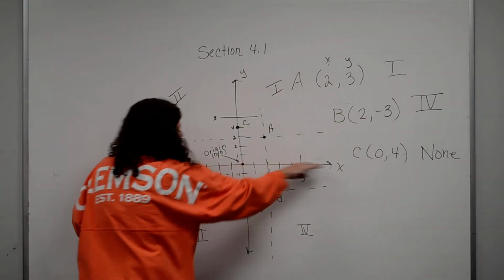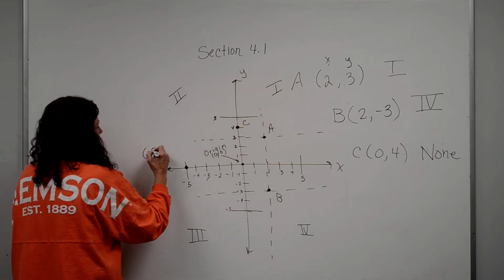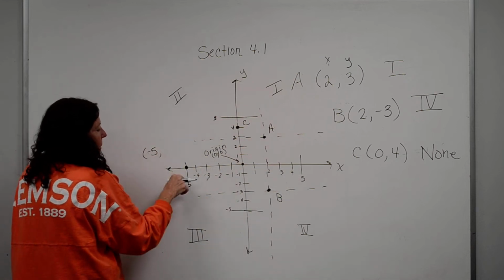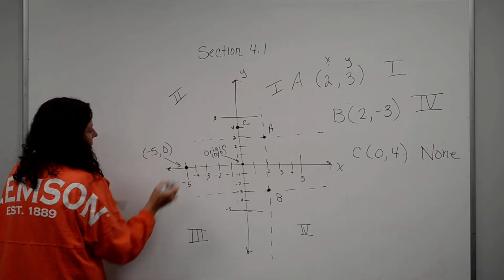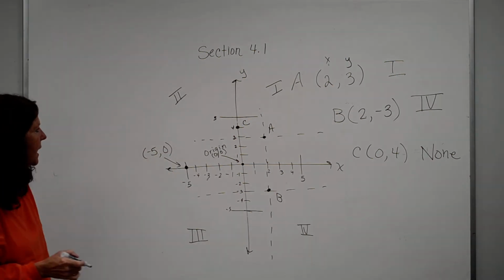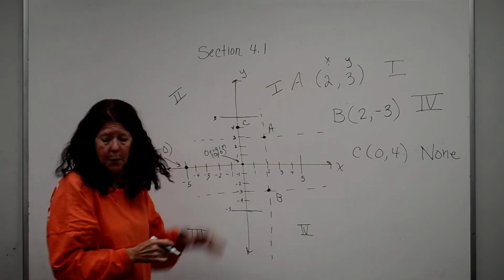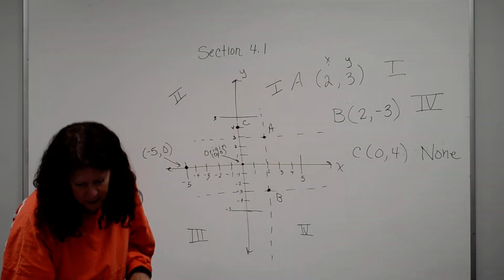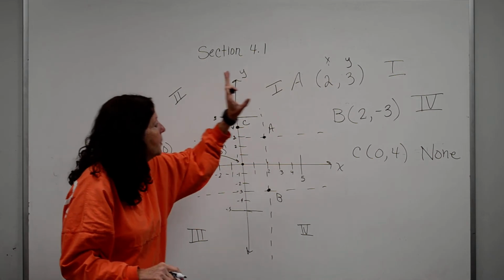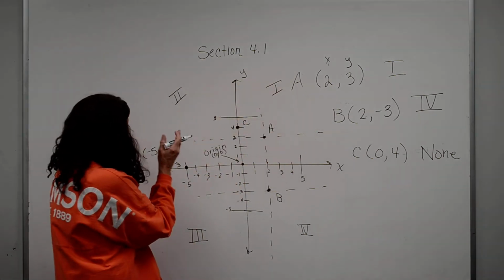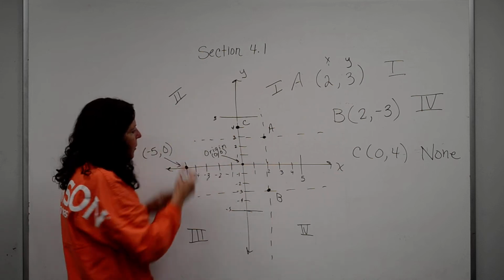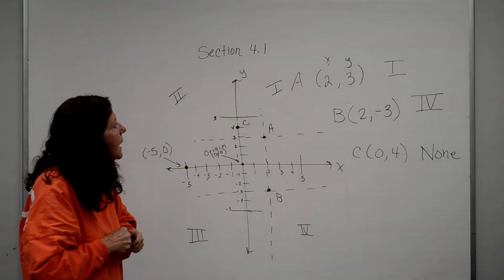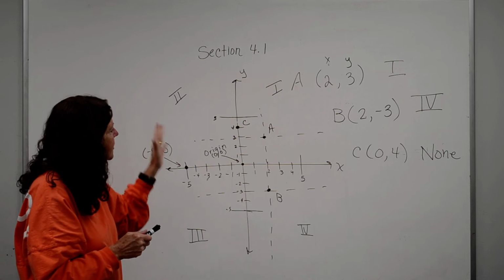Well, on the x-axis, I find the -5, but I'm not going up or down, so it's -5, 0. So that would be the name of that point. So in the whole first section, what you're going to be doing is putting points on a graph, and then looking at a graph and naming the points that are on a graph. Okay? So that basically is section 4.1.